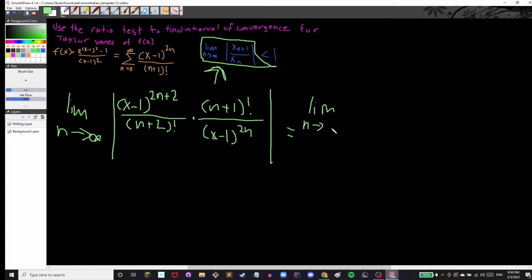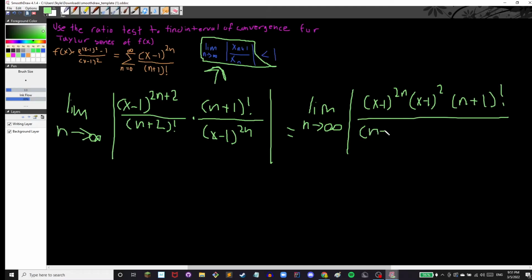We can separate what we need because in order to solve this, we have to cancel out some terms. So for x minus 1, we can actually separate this. So we have x minus 1 to the 2, and on the bottom, we can rewrite n plus 2 as n plus 2 times n plus 1 factorial.